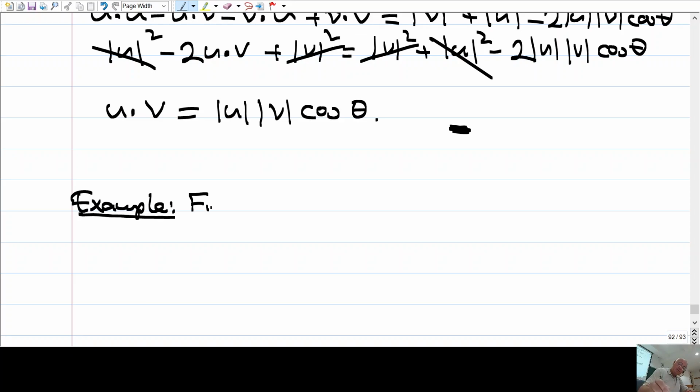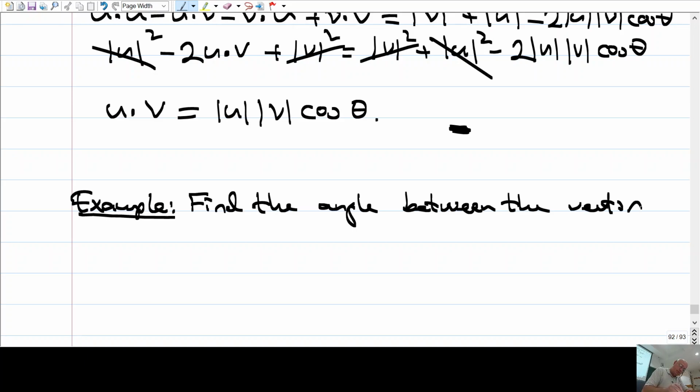Let's find the angle between the vectors.